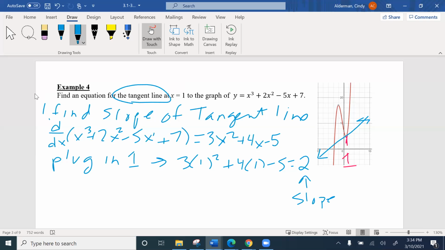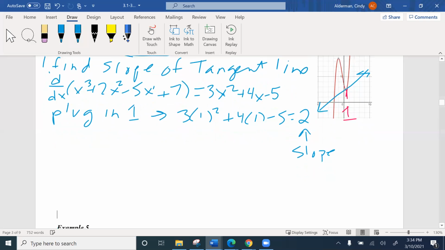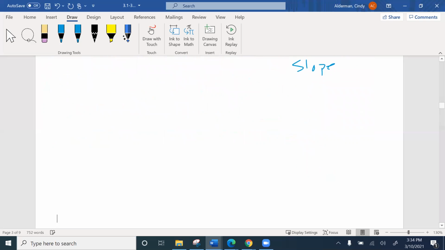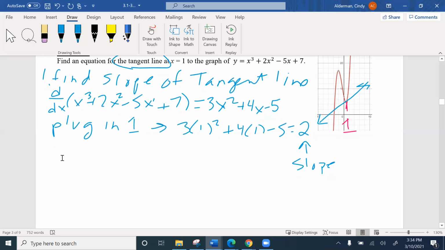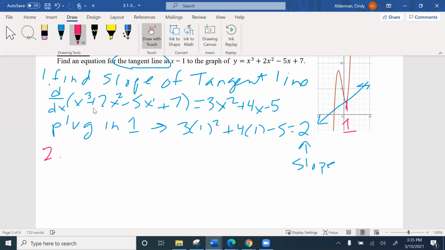All right, step 2 is to find a point on the original function. So here we're going to find a point on the original function.